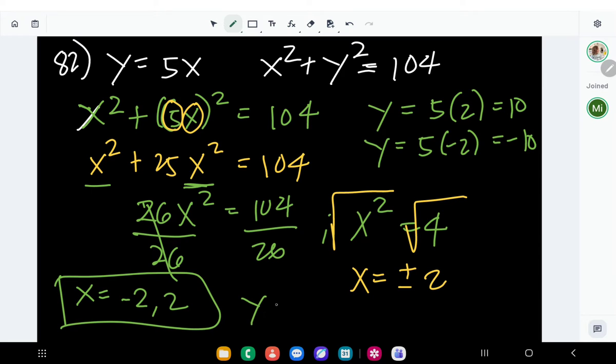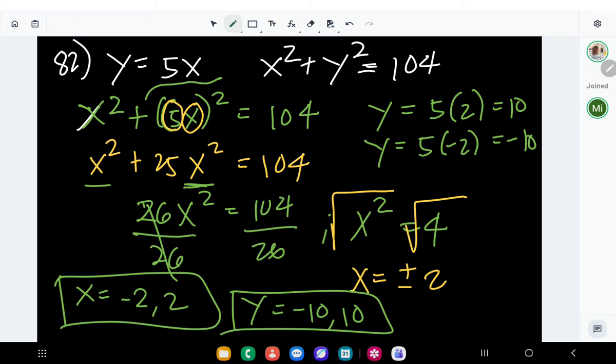Y is negative 10, 10. Alright? Yeah, be careful in solving, especially this one, because you missed this one. You answered 25x. You didn't include the x squared.